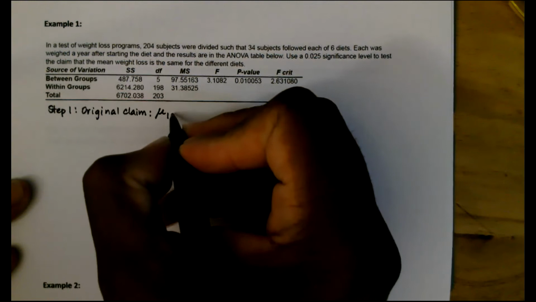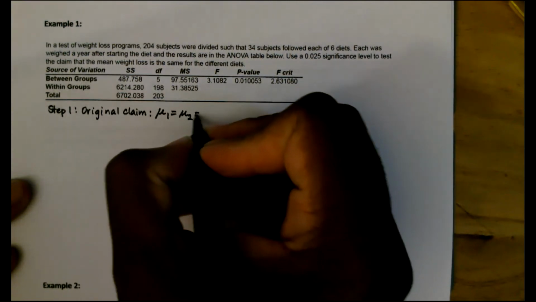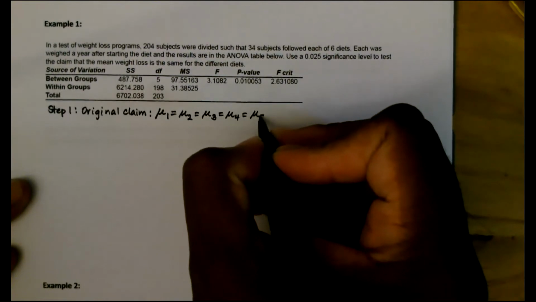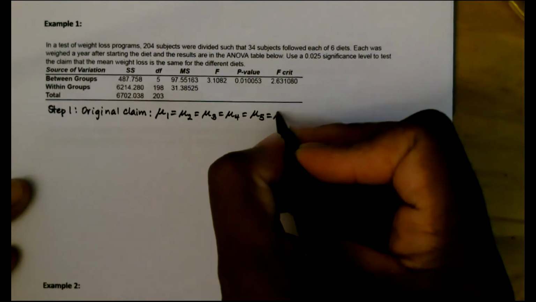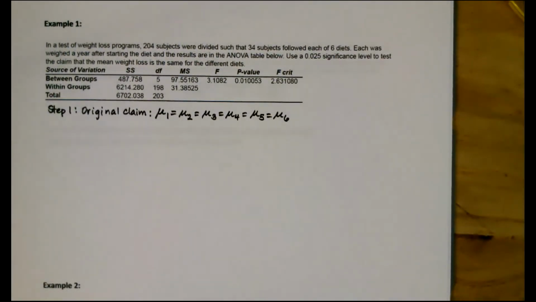We're going to do mu sub 1 for the first, equal to mu sub 2, the second, equal to mu sub 3, the third, mu sub 4 the fourth, mu sub 5 the fifth, and equal to mu sub 6. So that's how we write that original claim in symbolic form.